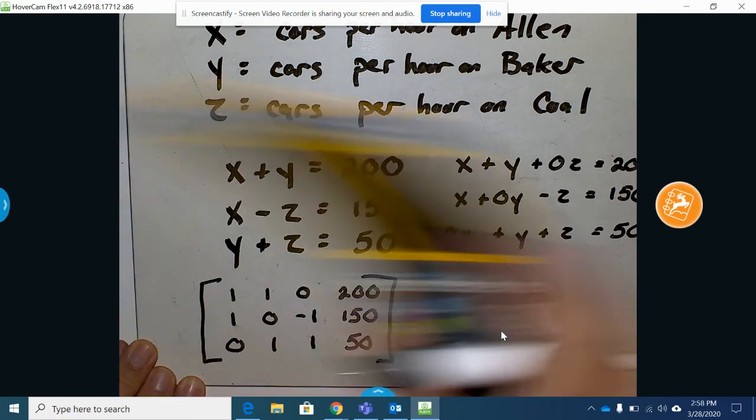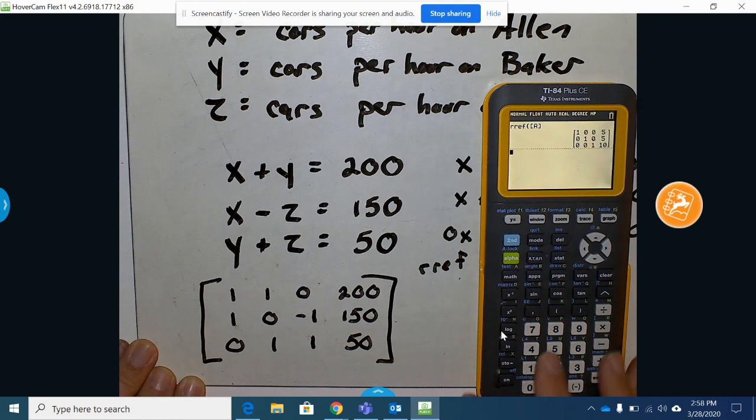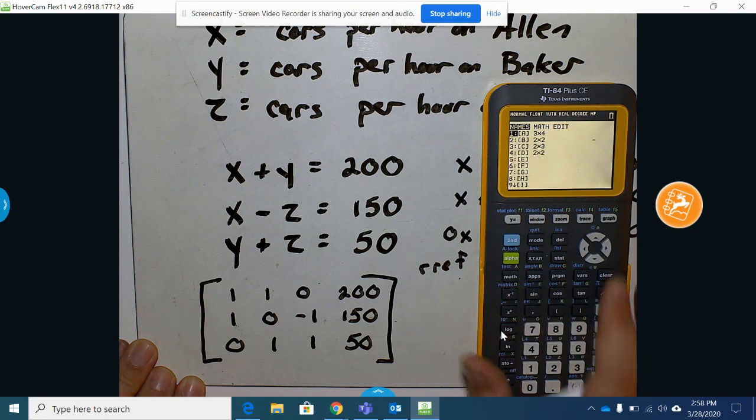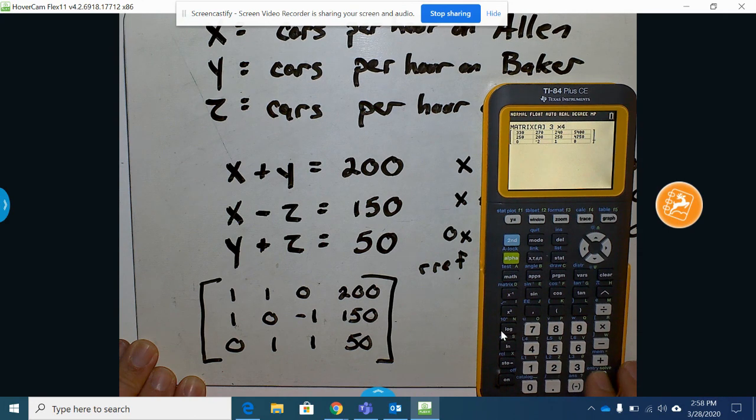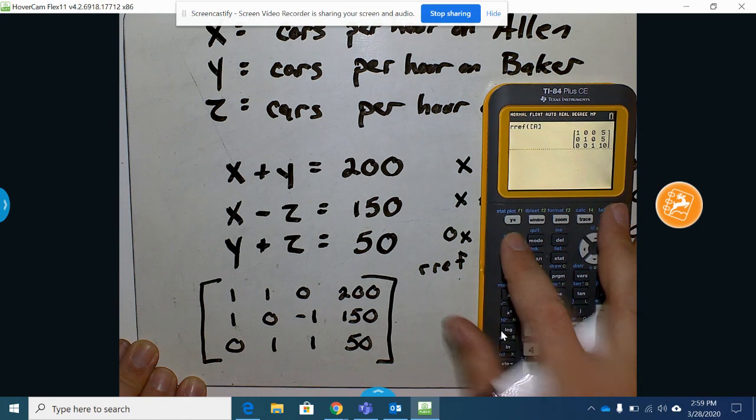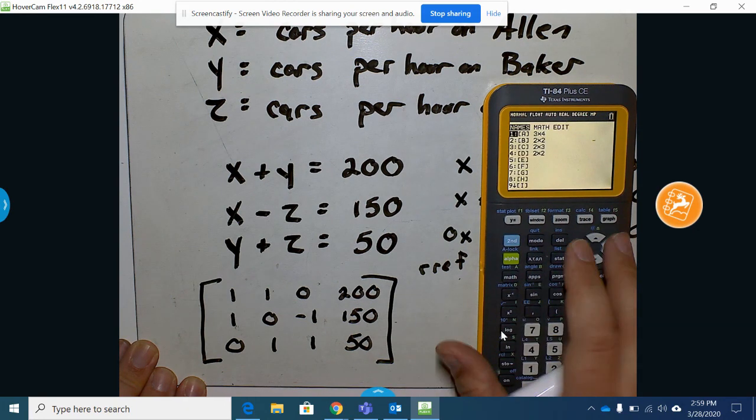So I go to my calculator, turn it on, and I'm going to enter in a 3x4 matrix again. This one's pretty easy to enter in. Now I want to find my reduced row echelon form of that.